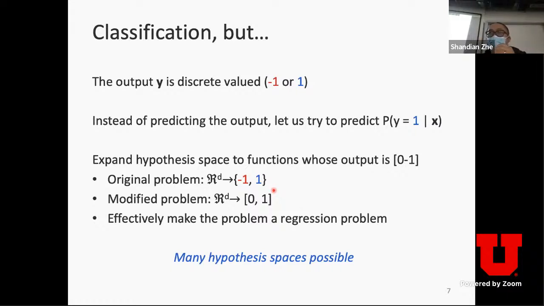Just give me a guess. Can we define our hypothesis as just the linear regression function, like w transpose x? No? Why?